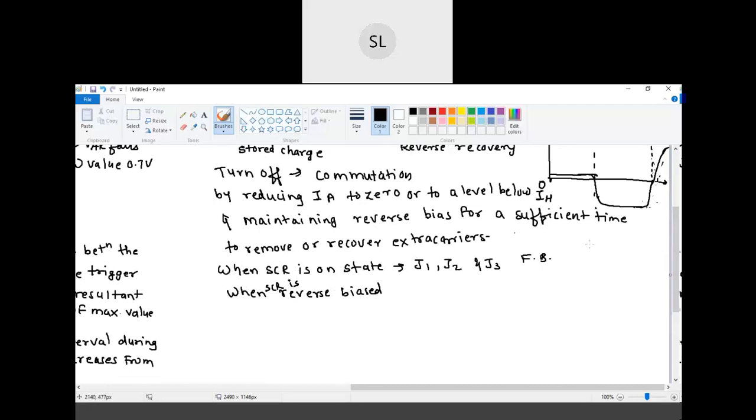Before that, when the SCR is in the on state, extra carriers will be stored in the base region of the thyristor.